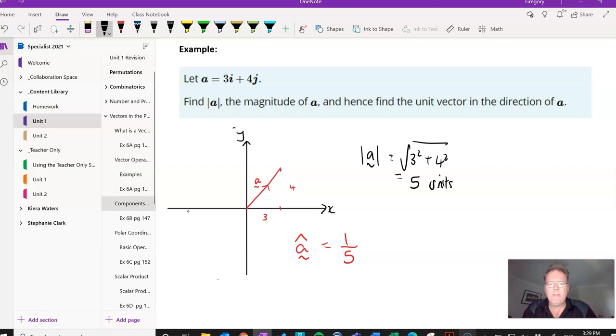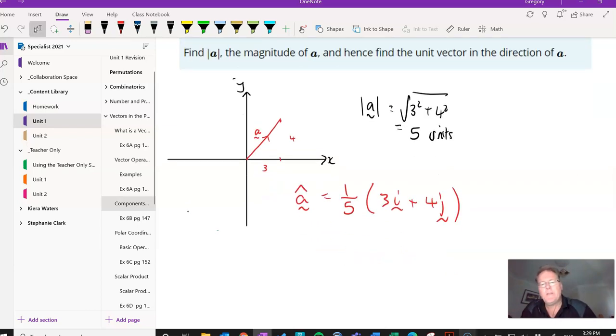So how do we know what the direction is? Well, it's simply going to be the same as the original vector. We don't need to do this, but if we wanted to think about it, the unit vector would be 3/5 of a unit in the x direction and 4/5 of a unit in the y direction.